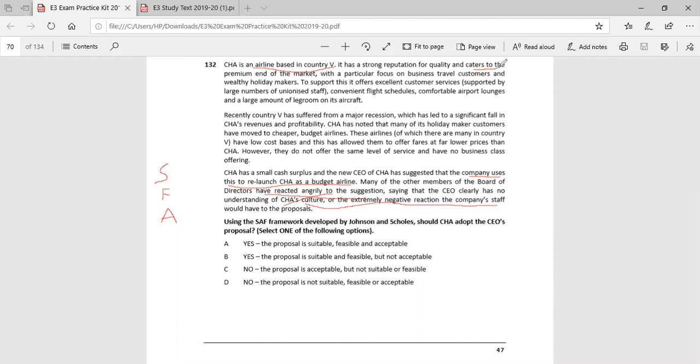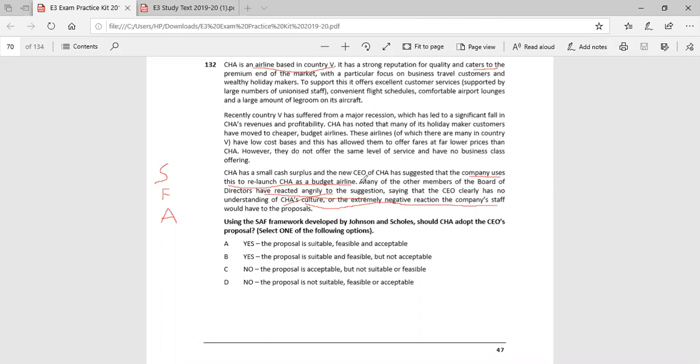Now, the proposal is to use this and relaunch CHA as a budget airline. So it doesn't go with the nature of business. Stakeholders are not agreeing, and also it is not feasible to do that.